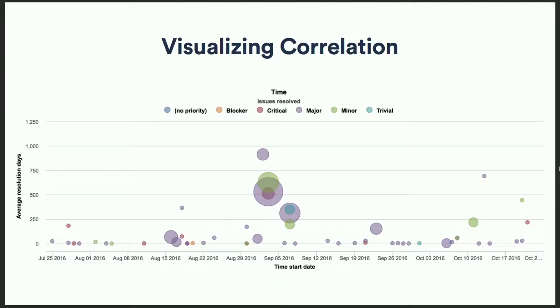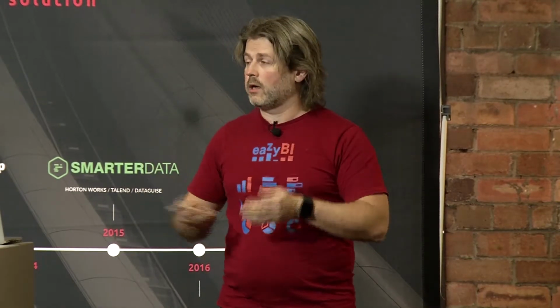The other chart types which are good to spot correlations in data are scatter and bubble charts, where on each axis you can put different measures and then also change the size of these bubbles using some third measure.